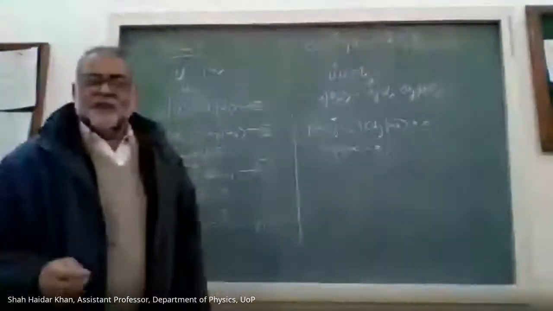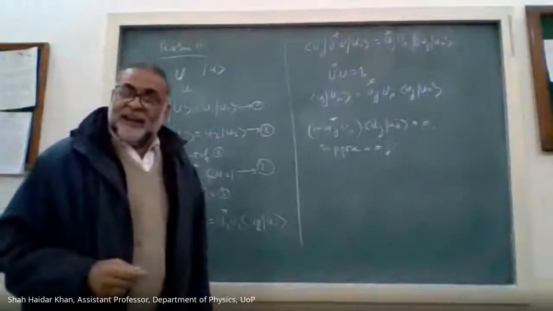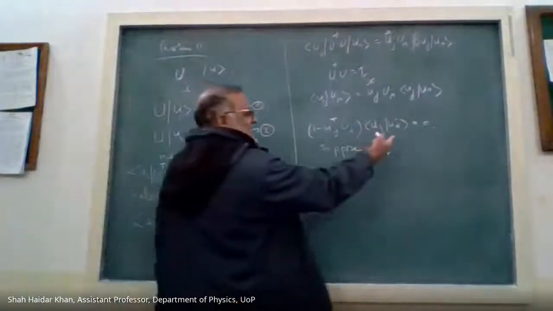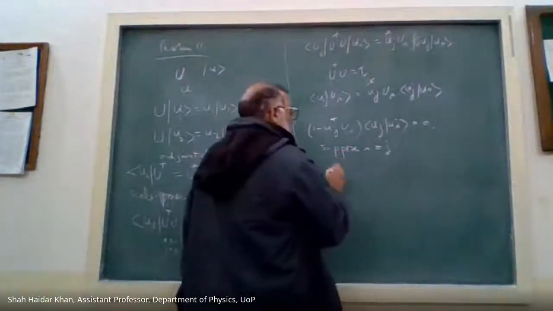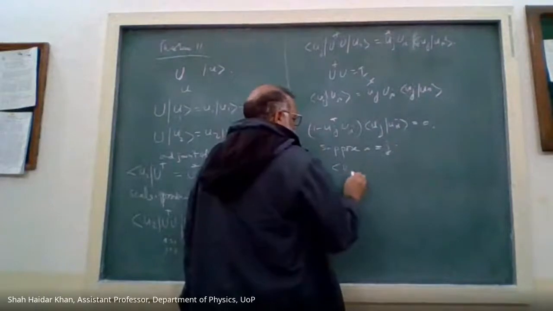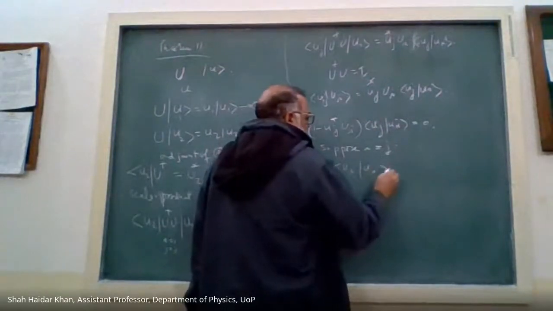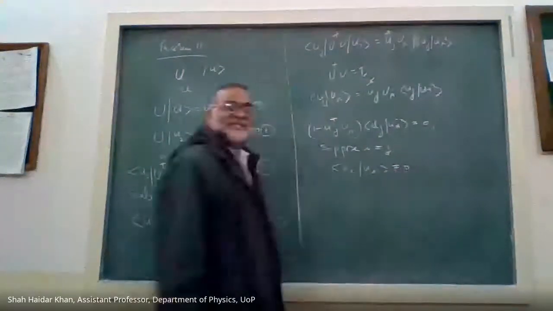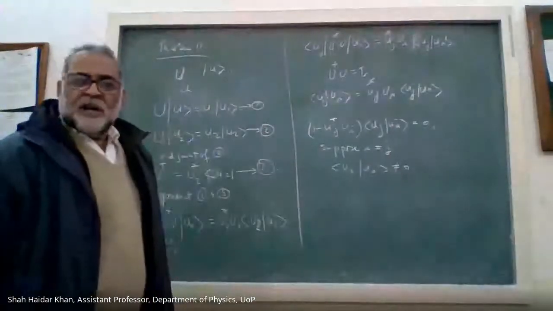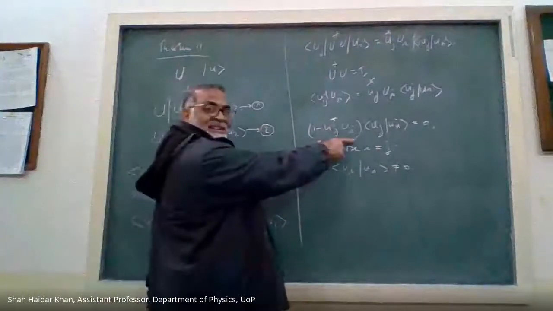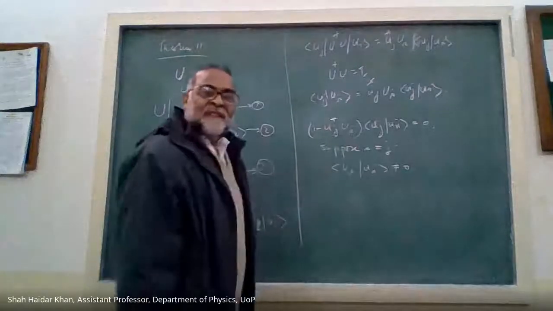Suppose they are the same thing. When i is equal to j, then this cannot be equal to 0. Then look, u_i and u_i is not equal to 0.